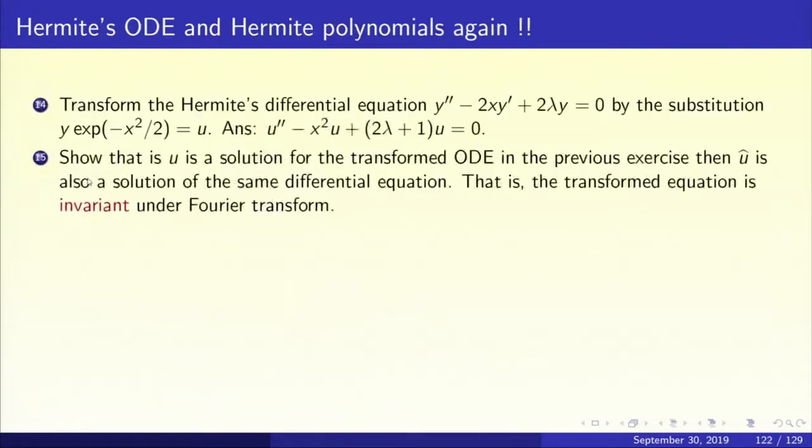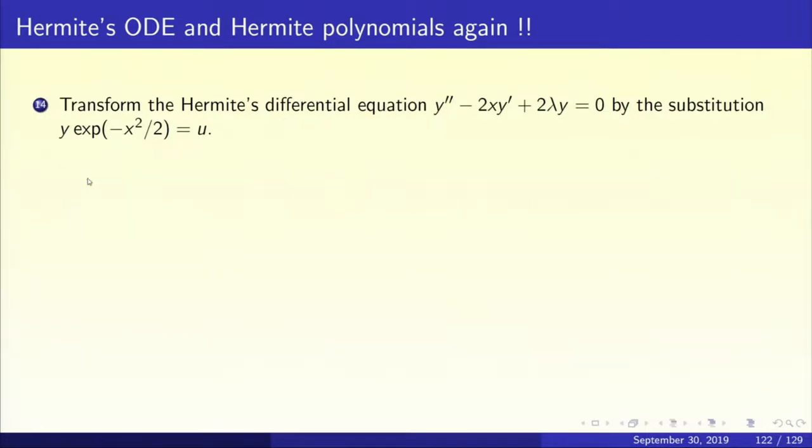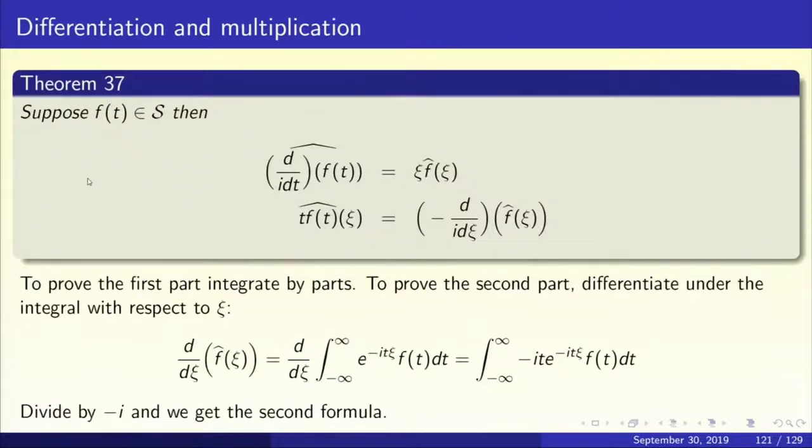Again, what happens when you apply the Fourier transform to minus x squared u, or if you want the variable to be t, minus t squared u of t? Go back to Theorem 37 and look at the second formula. The Fourier transform of t squared f is going to be minus 1 upon i d/d chi applied twice to f hat.